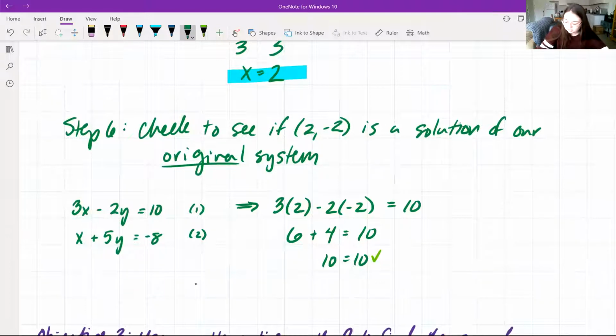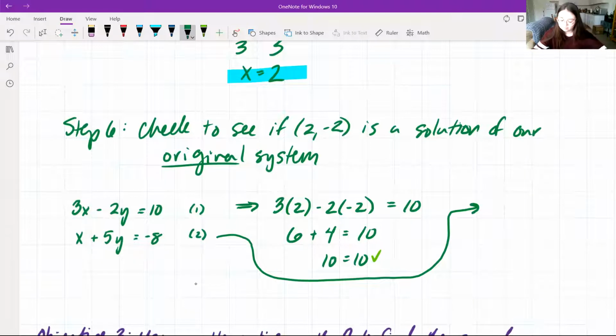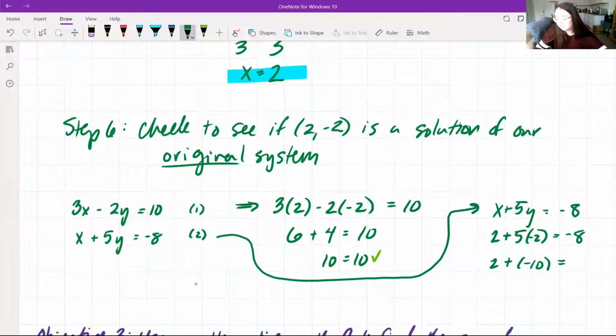Then for our second equation, which we're going to go ahead and draw over here, we had x plus 5y is equal to -8, where x is +2 and y is -2. So we have 2 plus 5 times -2. 5 times -2 is -10. So we have 2 plus -10 is going to be equal to -8.